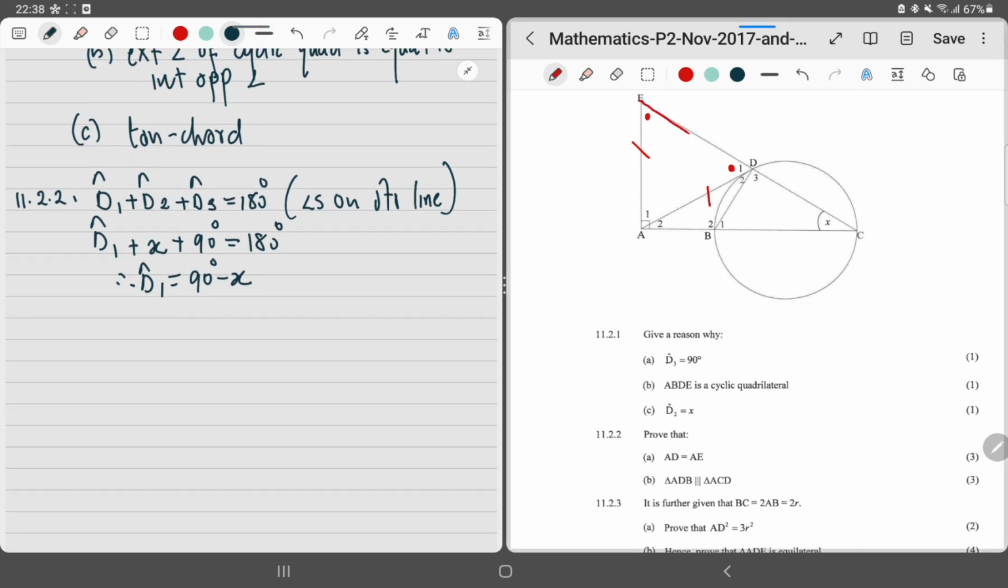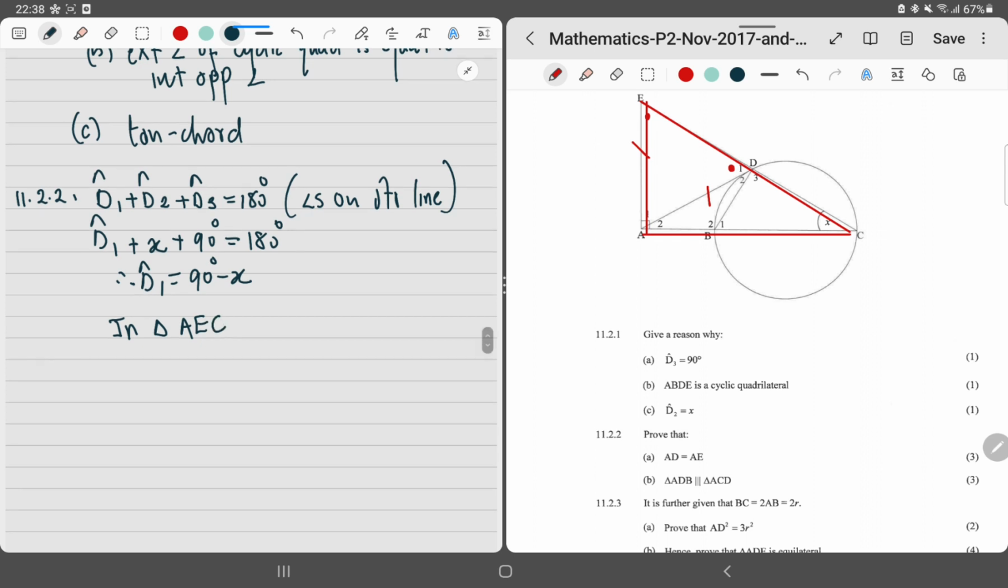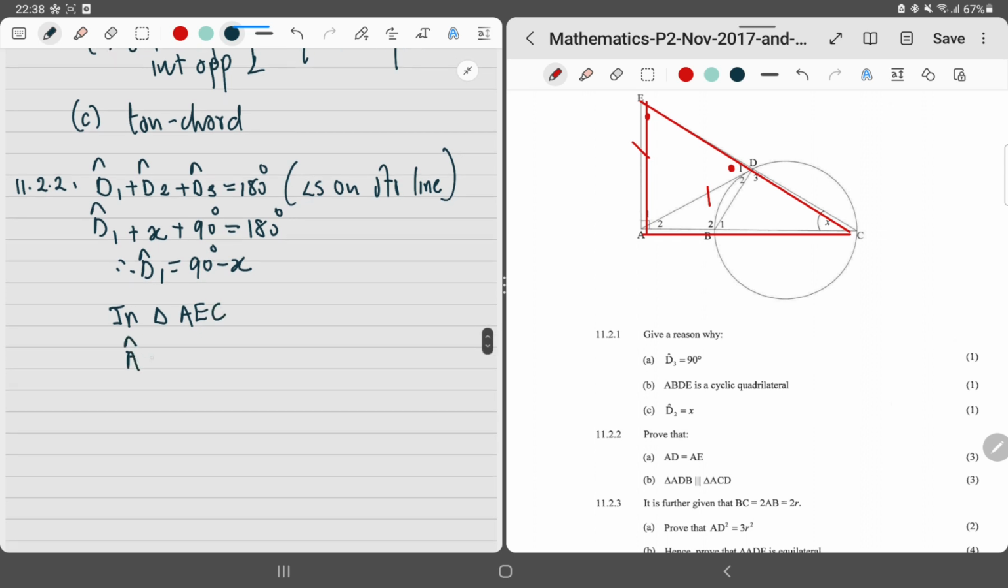And then in triangle AEC, angle A plus C plus E should be equal to 180 degrees, sum of angles in a triangle.